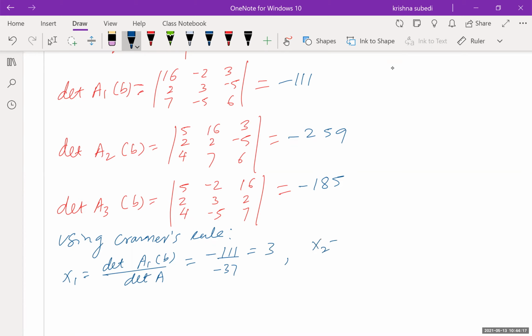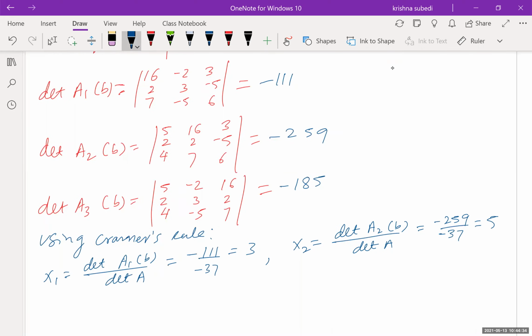Your x2 is determinant of A sub 2b over determinant of A, which gives me -259 over -37, which is, I believe, 5. No, this x2 is 259 over 37, so that means 7.